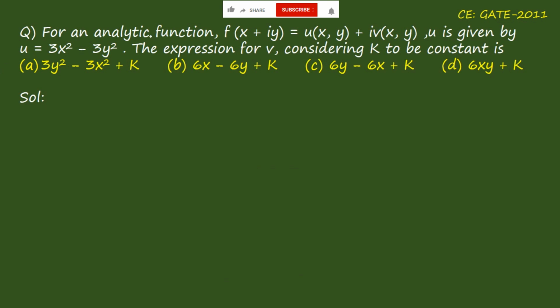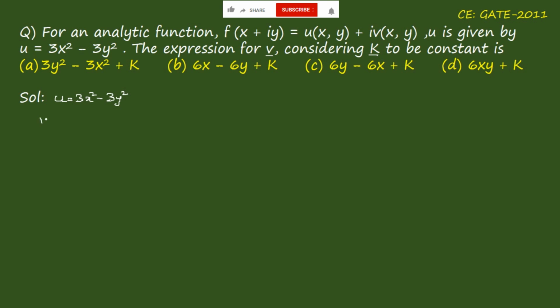The question is: for an analytic function f of x plus iy equal to u of x comma y plus i v of x comma y, u is given by u equal to 3x square minus 3y square. Find the expression of v. Consider that k is a constant term. Now they have given the value of u, which is equal to 3x square minus 3y square.